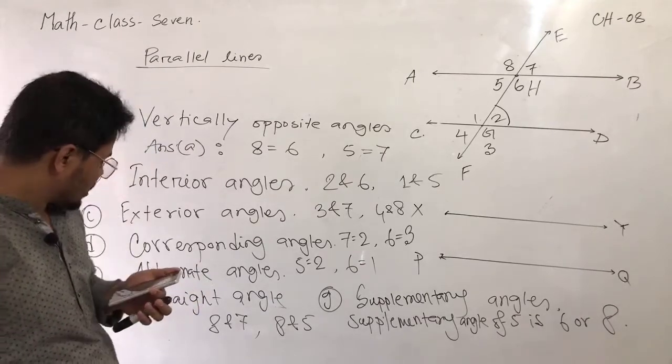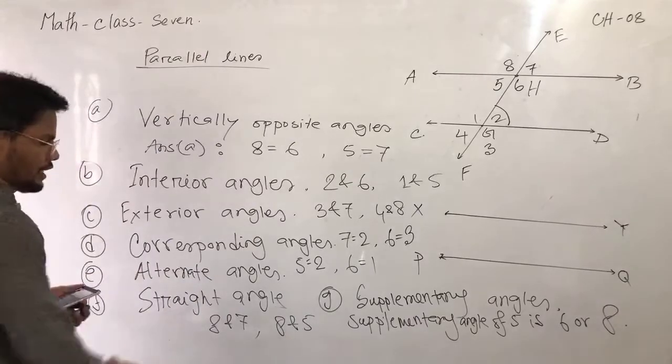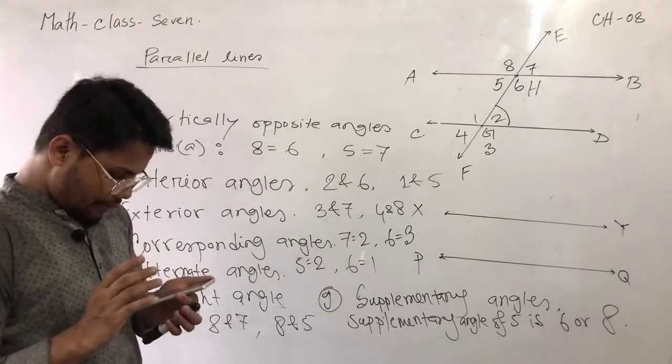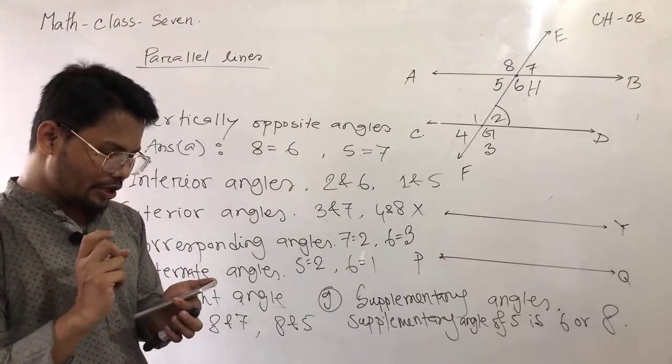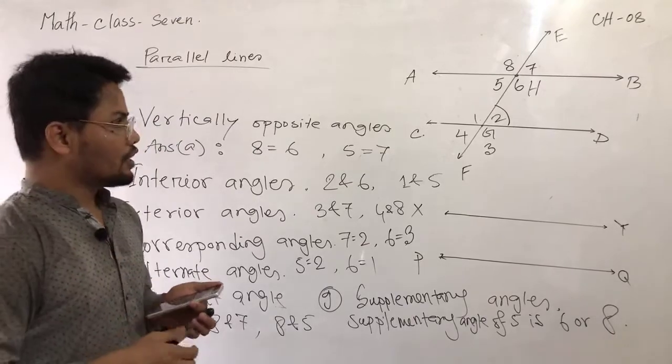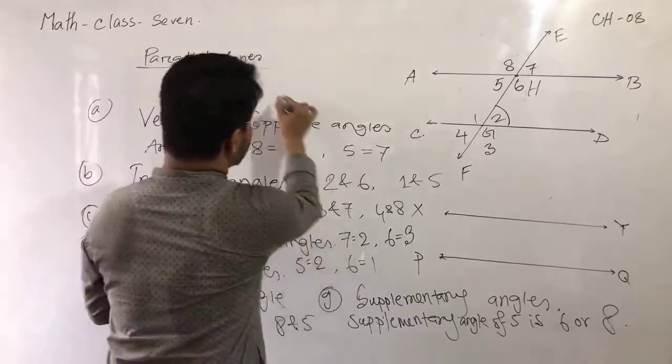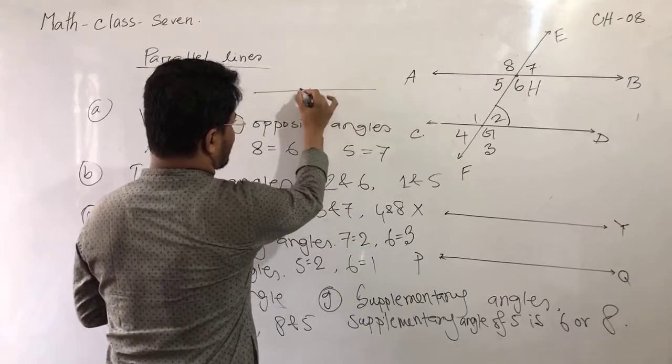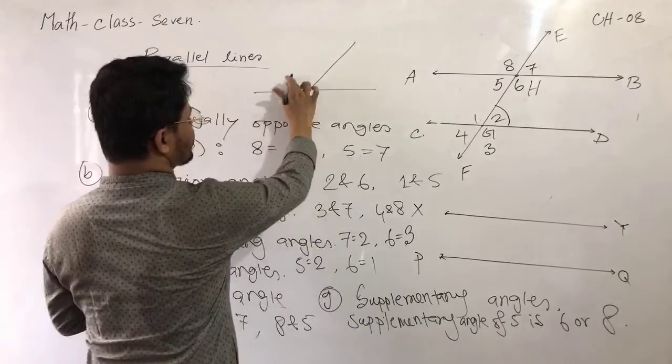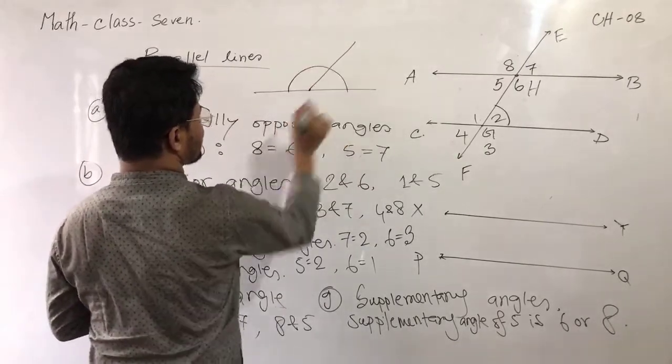Who said they did not understand straight angle? Lima Ahmed: when two angles form a straight line, like this one, how many angles do you see here? Two angles. This is a straight angle.